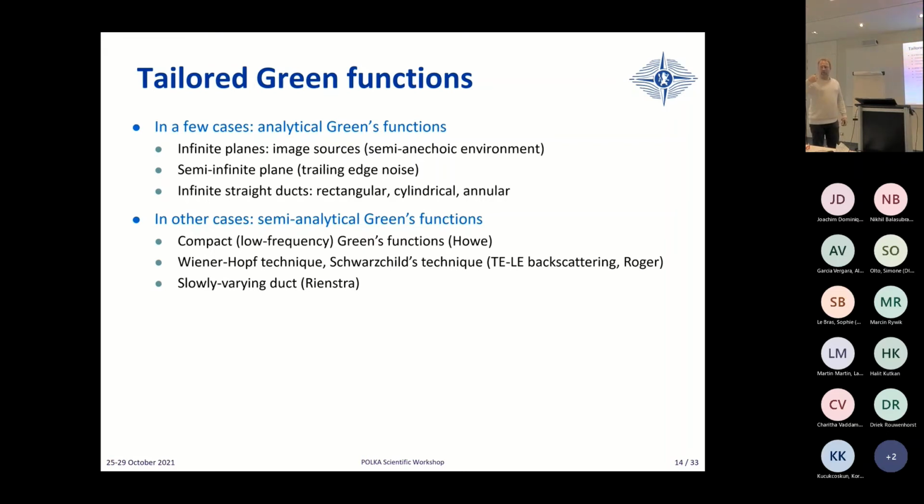They are obtained by an analytical development where at some point you need to make some approximations. Then it means that the Green's function is valid in a certain limit. For example, the compact Green's functions by Rho are valid at low frequencies because there is an assumption of acoustic compactness.